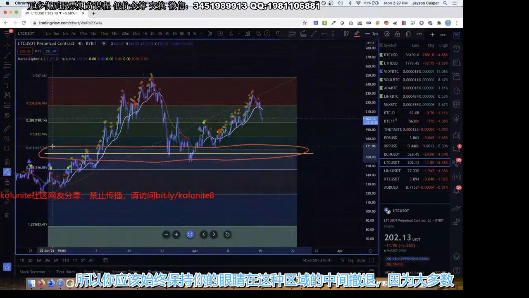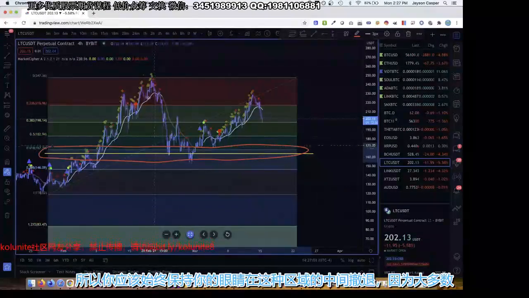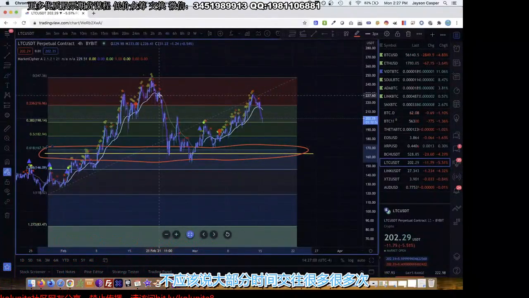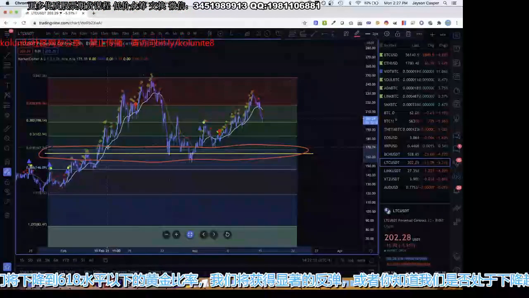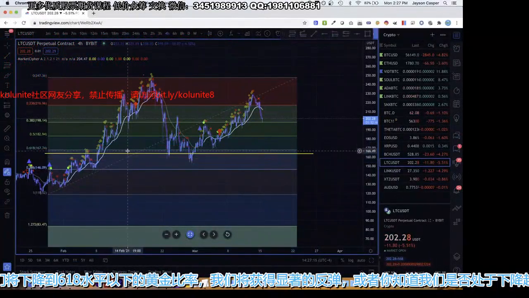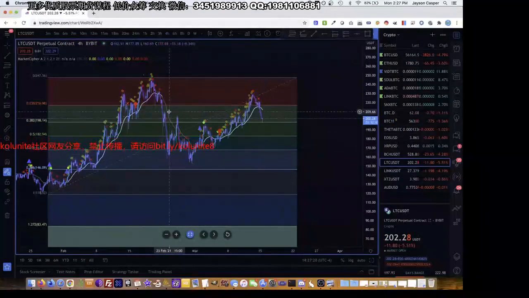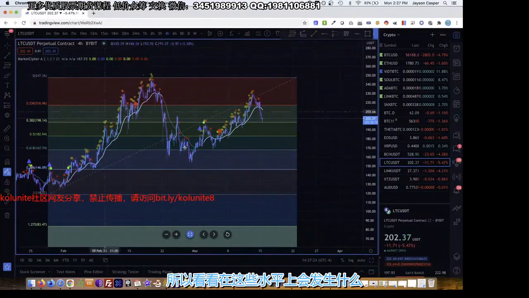So you should always be keeping your eyes out for this kind of area in the middle of a retracement, because many, many times we're going to come down to this golden ratio right below the 618 level, and we're going to get a significant either bounce or, if we're in a downtrend, we'll get a little rejection off of that 618 level. And so just look at what happens at these levels.